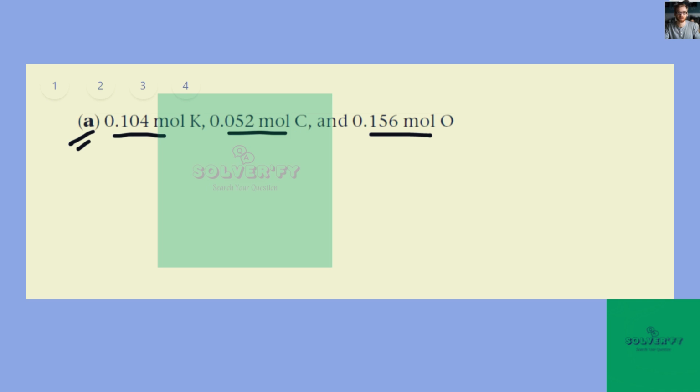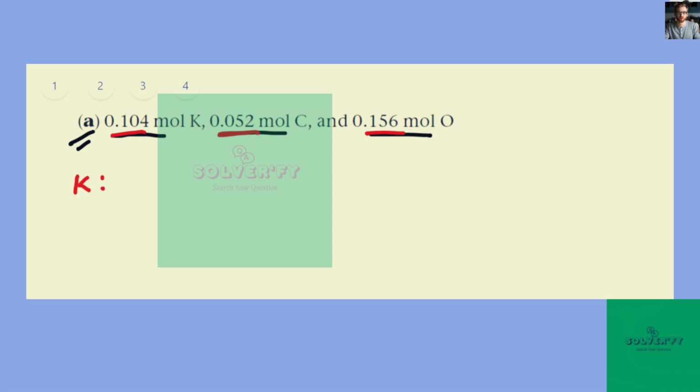So here we can see that the smallest value is 0.052, so we will divide all of the number of moles by 0.052, which will give us the ratio of the elements.